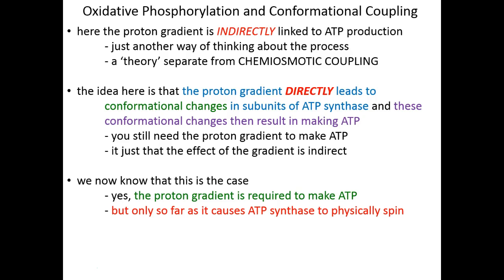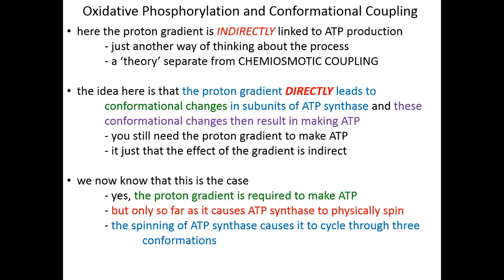The protons flow through the F0 region of ATP synthase. The F0 region spins like a turbine, and that spinning drives conformational changes to occur in the F1 region of this complex. It is those conformational changes that drive ATP production.